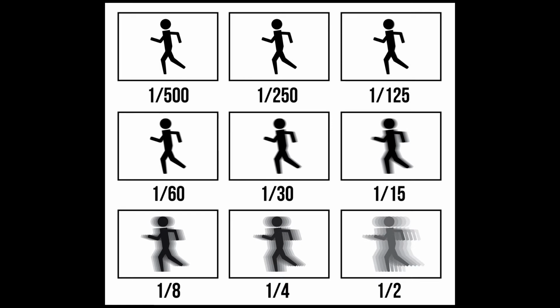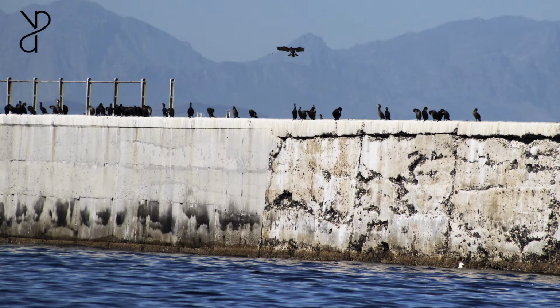High shutter speeds freeze moments in time and make them appear sharp. So if a subject is running, you want to have a high shutter speed so you can freeze the moment. And when you want to add a feeling of motion to your images, you use a shutter speed that's quite long. So maybe you'll use 2 seconds instead of a 60th of a second.